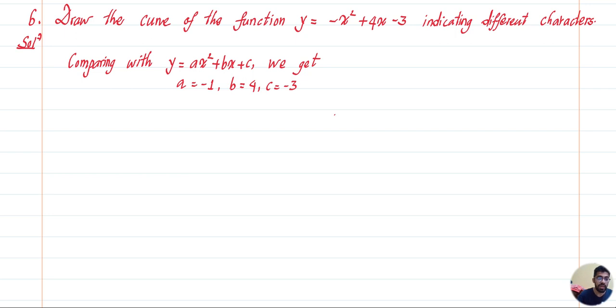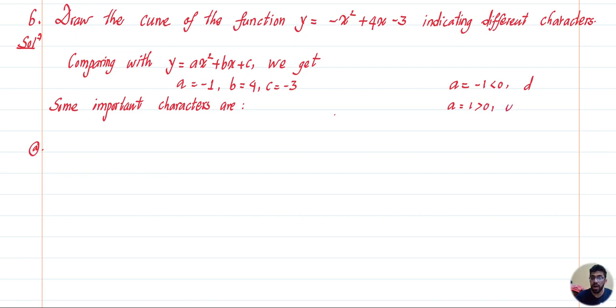So some important characters are, number first, we can find whether the given curve turns upward or downward by comparing the value of a. If a is equal to minus 1 and less than 0, then the parabola turns downward, and if a is equal to 1 which is greater than 0, then the given parabola turns upward.